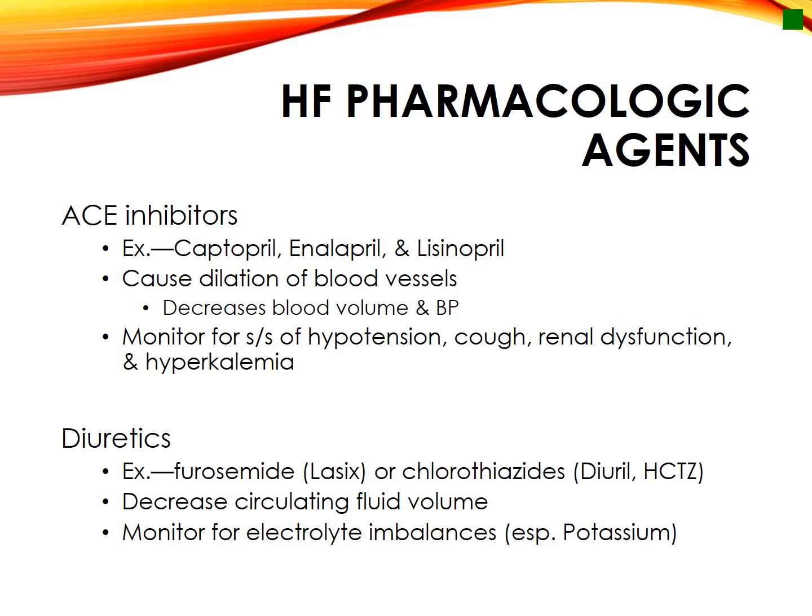Our diuretics, this is one I wanted to really focus on here, is our Lasix or your chlorothiazides, which are frequently given for hypertension. But with our Lasix, we want to make sure that we monitor for electrolyte imbalances. If we've already got some cardiac issues, the last thing we need to do is now mess up our potassium balance. So we really want to be watching the potassium that we're giving them.